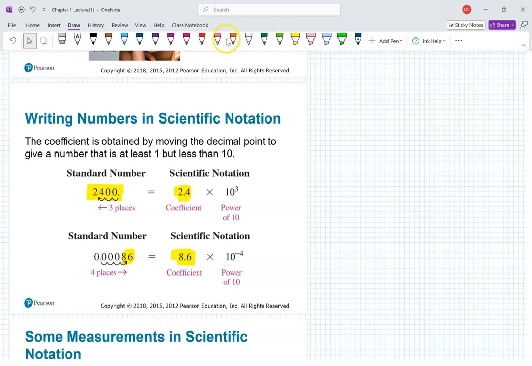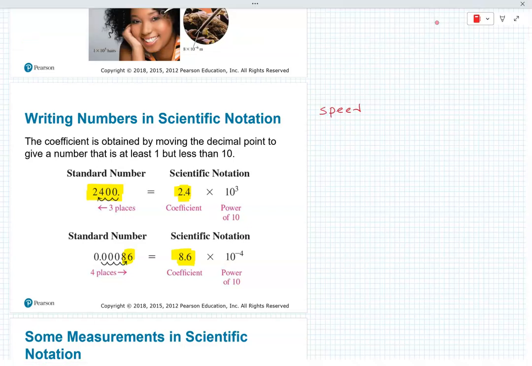So first of all, speed of light. It's approximately 300 million meters per second. Okay? Scientific notation.